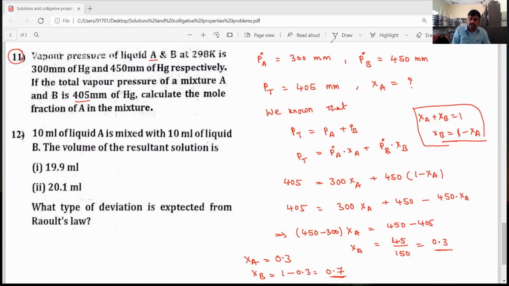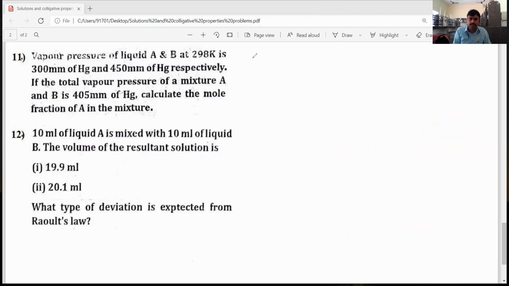Let's see the 12th question, dear students, a theoretical question related to ideal solutions and non-ideal solutions. Two components they gave: A is 10 ml and B is also 10 ml.